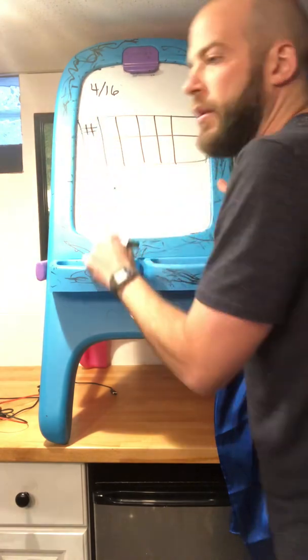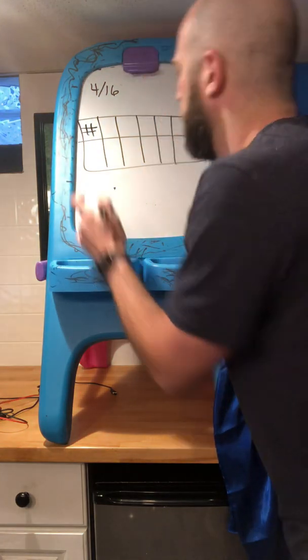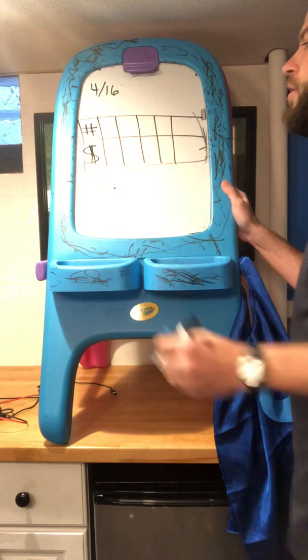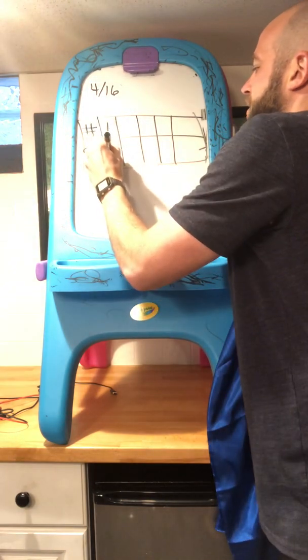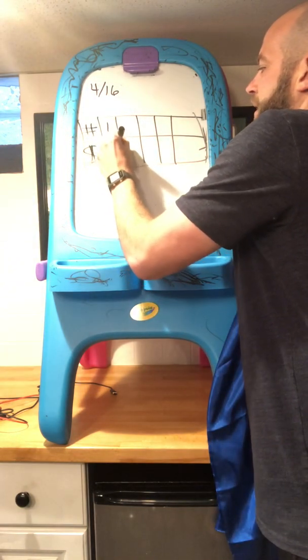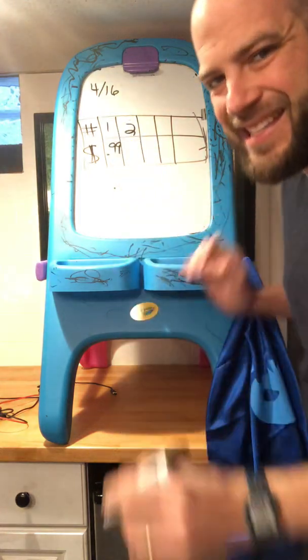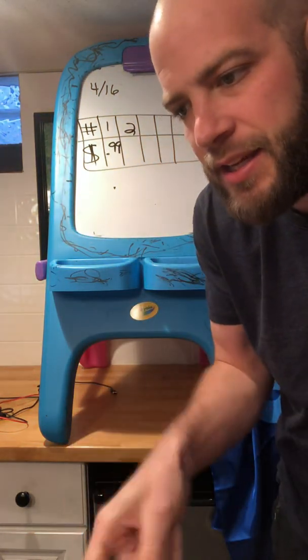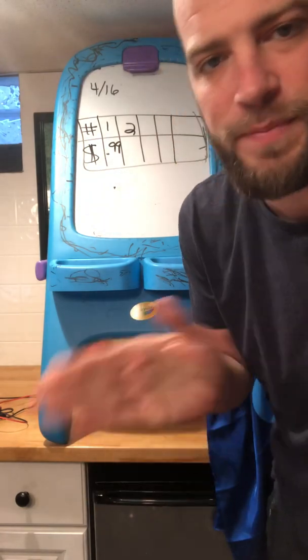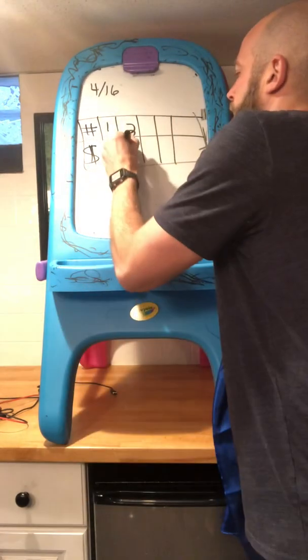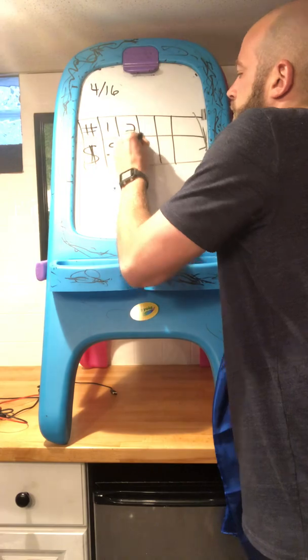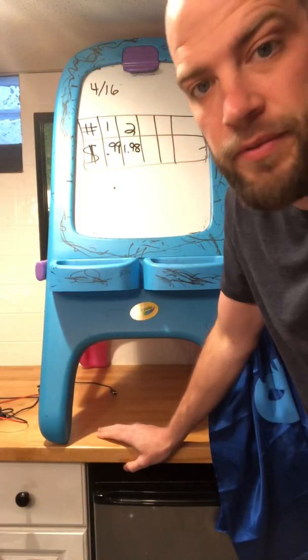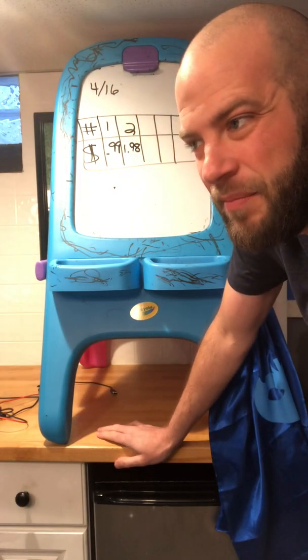So one song costs 99 cents. 2 songs cost 98 cents, but 99 plus 99 is 198. So it should have been $1.98. I'm assuming that was very confusing when you looked at it.